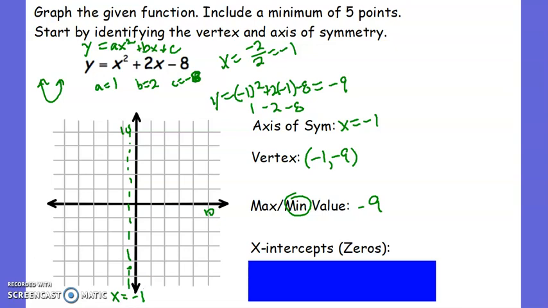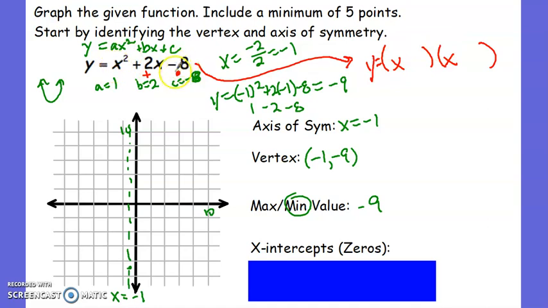Now, we can find all that information in that long, drawn-out way of doing standard form, but what I really want to look at is relating standard form back to another form that we know, and that's factored form. If I think about what adds to positive 2 and multiplies to negative 8, I can come up with a couple of factors. Remember, that's where we set up two separate sets of parentheses. x times x, if we were distributing, is going to give us that x squared, that first term.